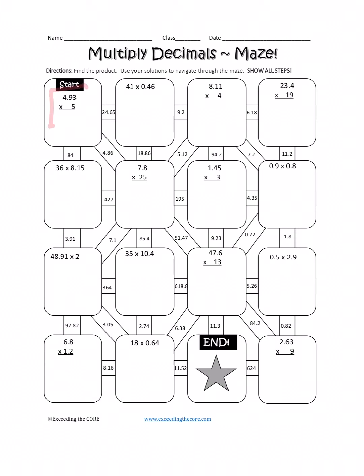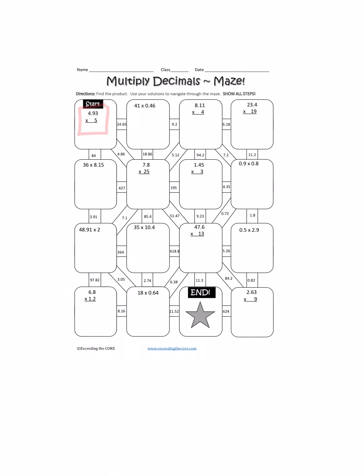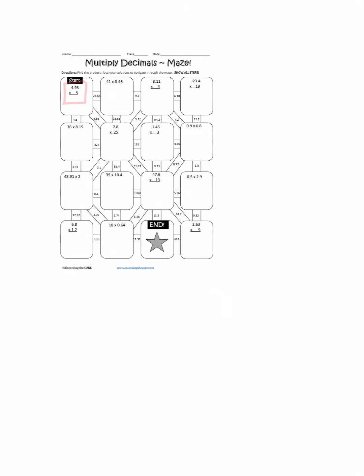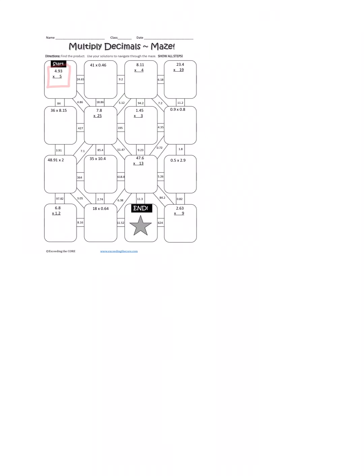So for example here, we're going to be multiplying 4 93/100 times 5. Let's think about that for a second. 4 93/100 times 5 is very close, though not the same thing, as multiplying 5 times 5, which is 25.